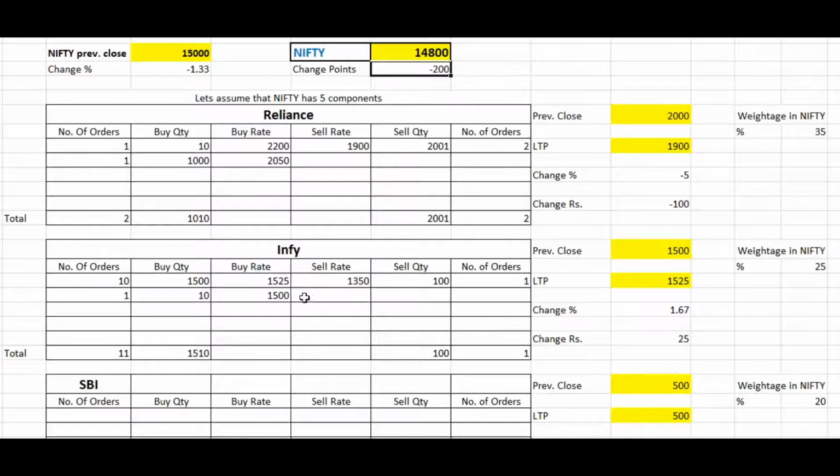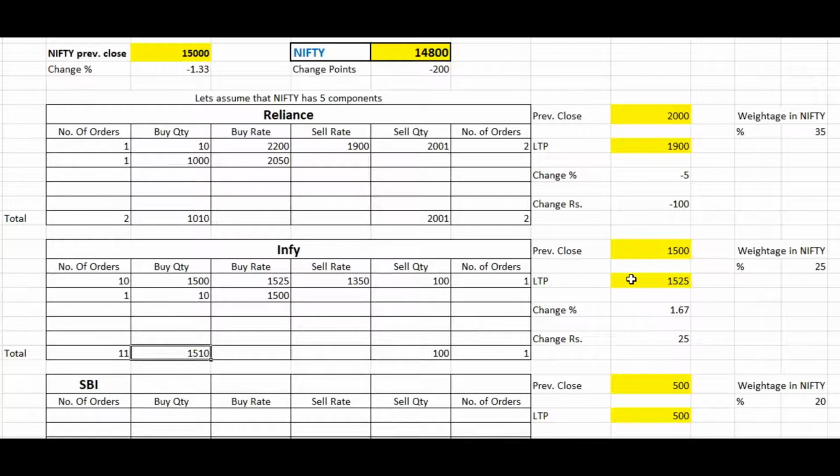Now I am talking about the limit trades only. Once the limit trades are settled, say someone is putting 500 Infosys shares at market rate, what will happen? The system will look whether 500 is available or not. The buyer is there at 1500, 100 is gone, 1410 is pending. So the market order will be placed with the best buyer.